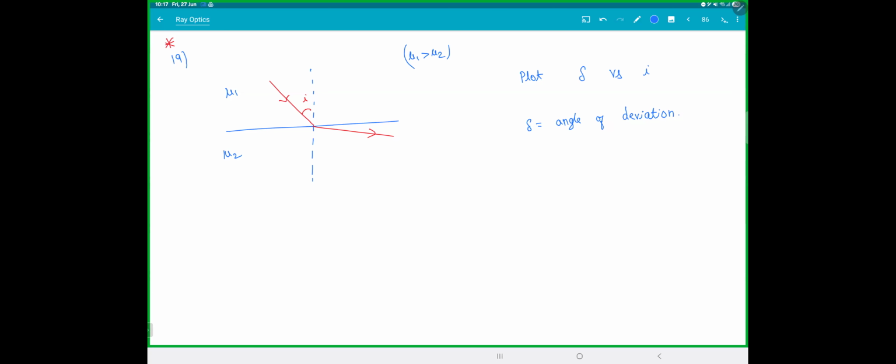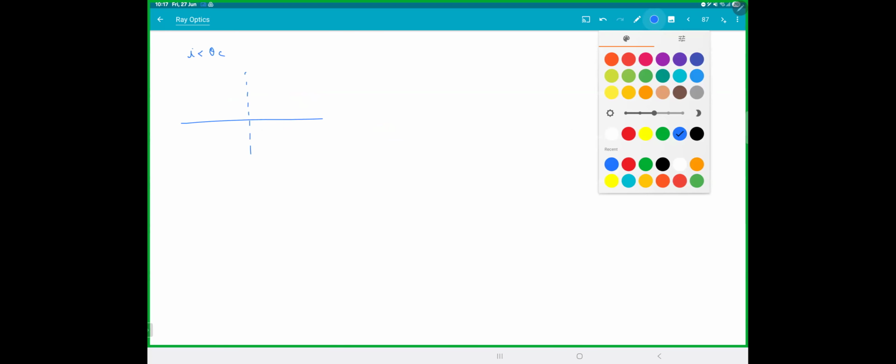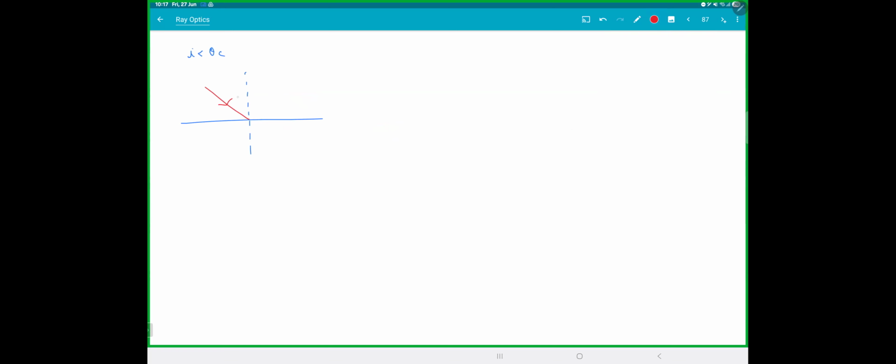Listen, there are two cases in this. If your angle is less than theta critical, the light ray will be something like this. This is supposed to go straight, and this will be your deviation.